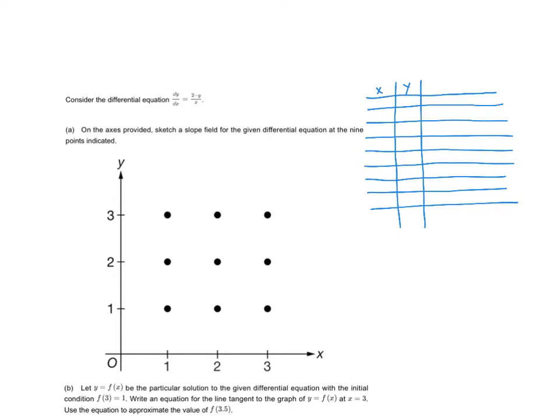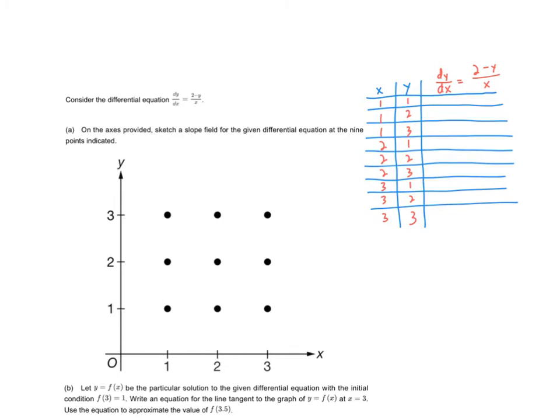Okay, so we got every combination where x is 1, 2, or 3, and y is 1, 2, or 3. And then this up here will be our dy/dx. For this problem, it's 2 minus y over x.